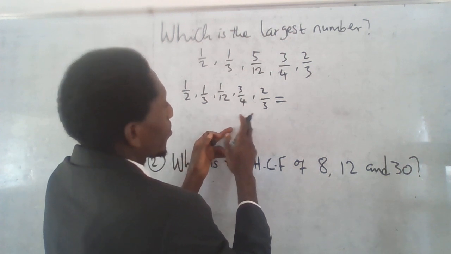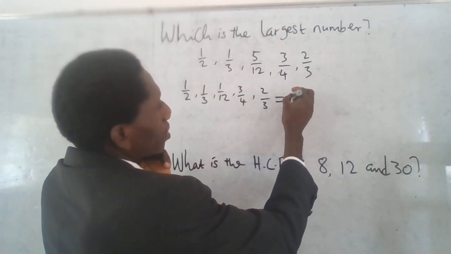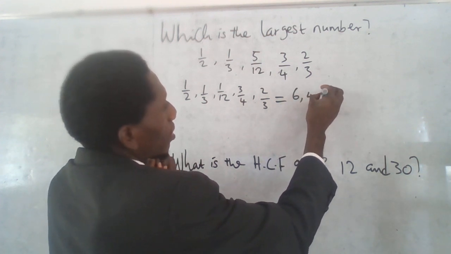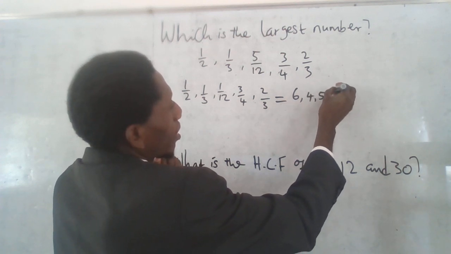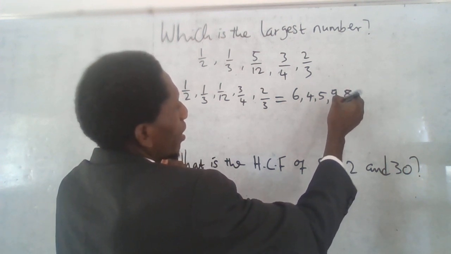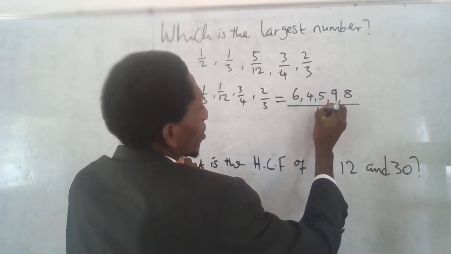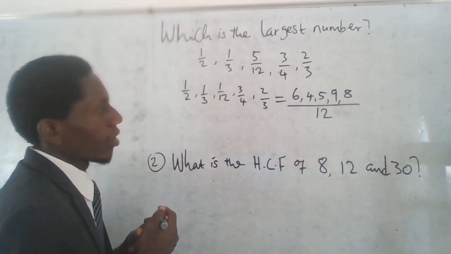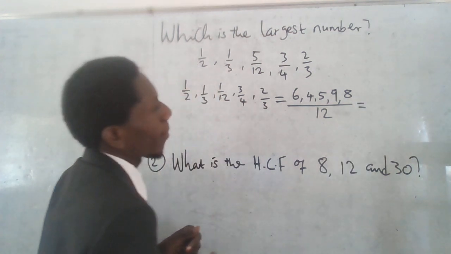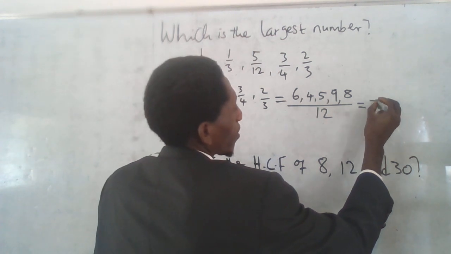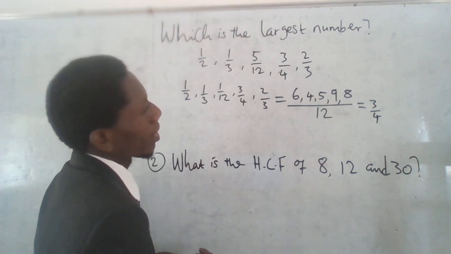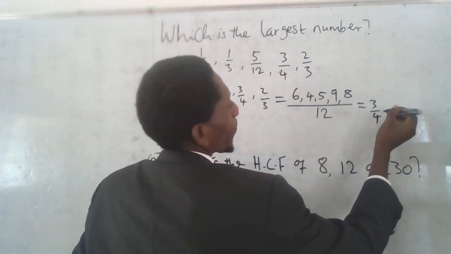Here our LCM is 12, so I will have 6, 4, 5, 9, and 8. Then I can divide this whole number by 12. So from here, this will give me 3 over 4, which is the same thing as 9 over 3.